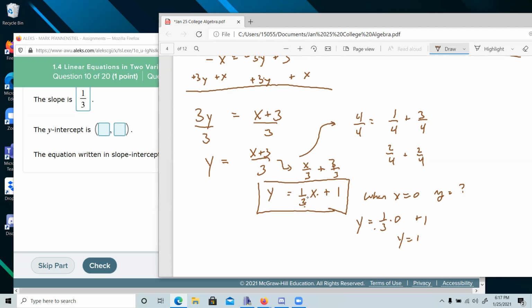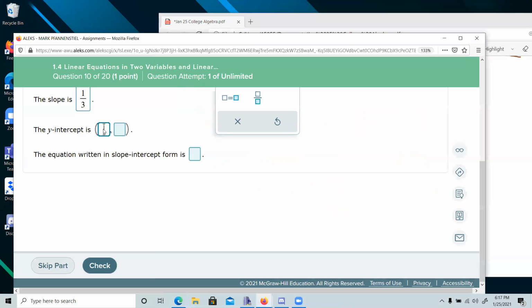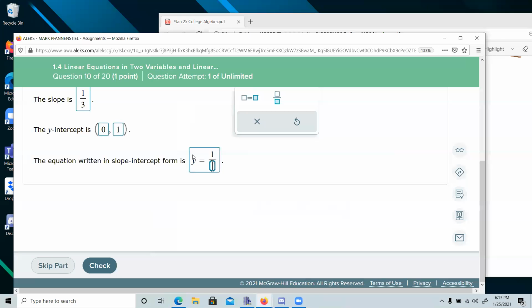It's also called the slope-intercept form, so you can just read it off of here too. But if you forget, you always have something to go back to. And then write the equation in slope-intercept form. We have y equals 1/3 x plus 1.